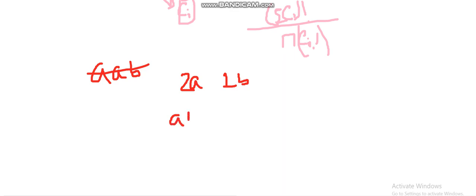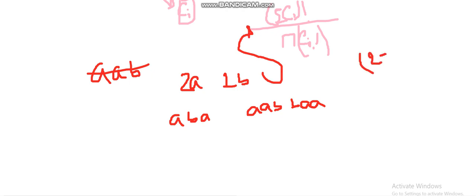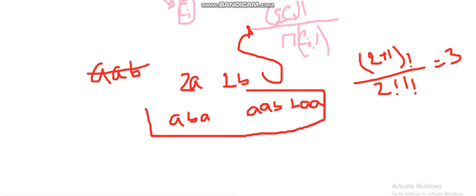ABA, AAB, and BAA. So I think these are the main combinations. And if we put this into the formula, it becomes (2 plus 1) factorial divided by 2 factorial into 1 factorial, which gives 3. So we can see that our formula is giving us the correct answer.